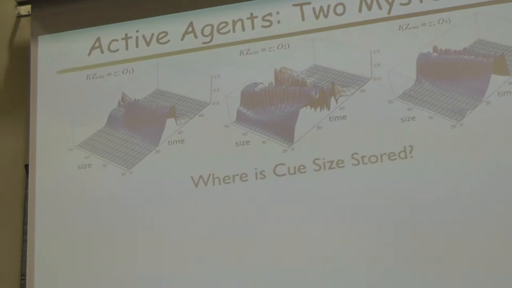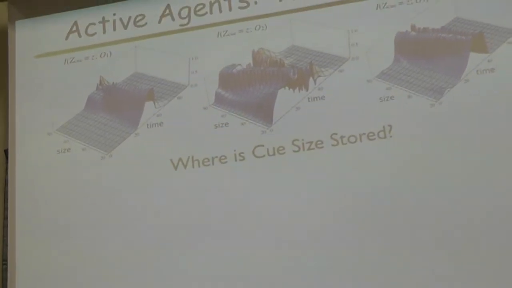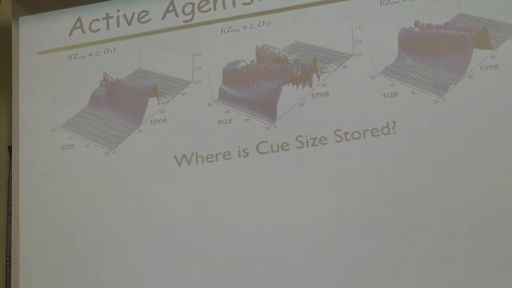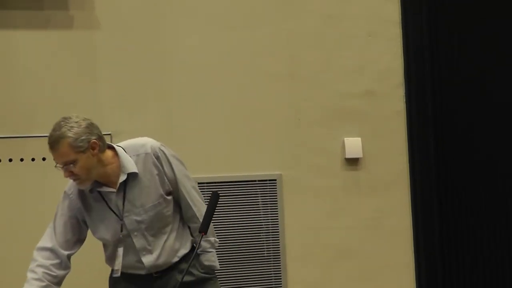But there's another mystery. So the first one is, where is the Q size information stored for later comparison? But there's another mystery too. If during the probe stage we ask where is the probe size information, we find that in every single sensory neuron there's absolutely no information about the size of the probe.